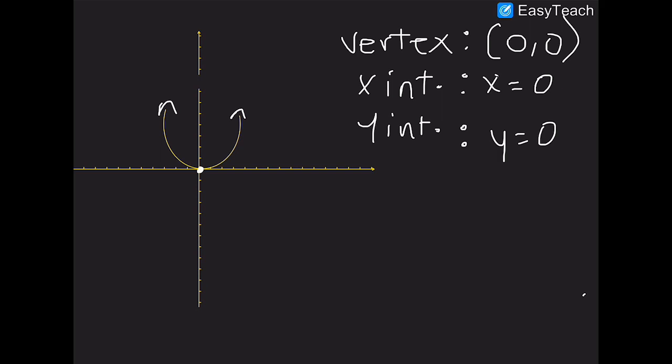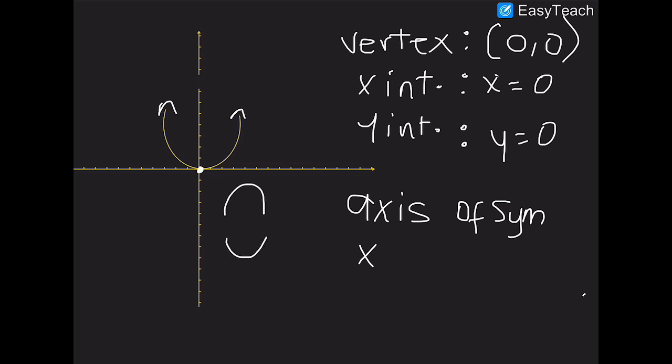The next thing is your axis of symmetry. Now, your axis of symmetry is usually your x. If you have a sideways parabola, then it's going to be your y. But usually for now, we're going to be talking about just the right-side-up parabola, or the down. It could be facing this way or that way.